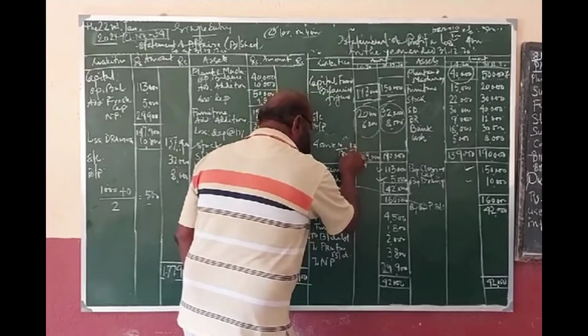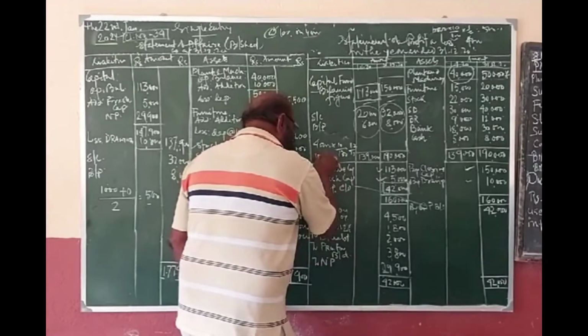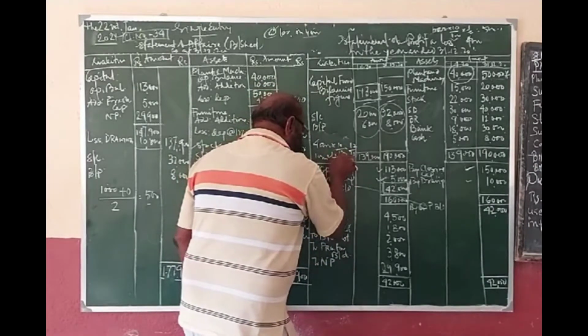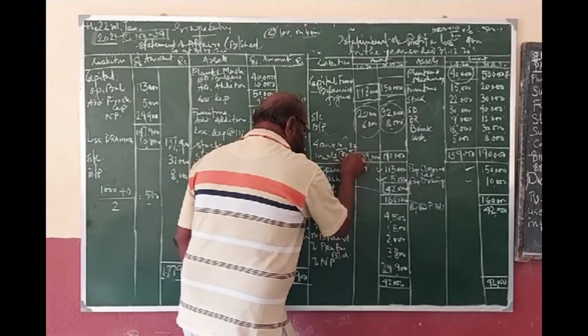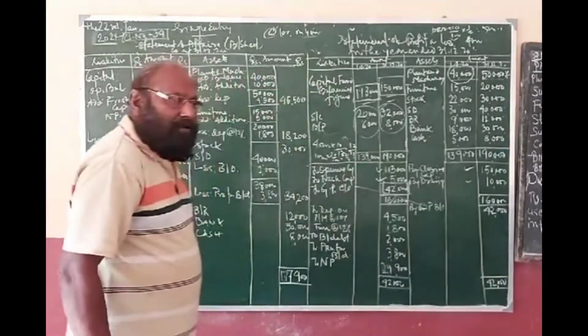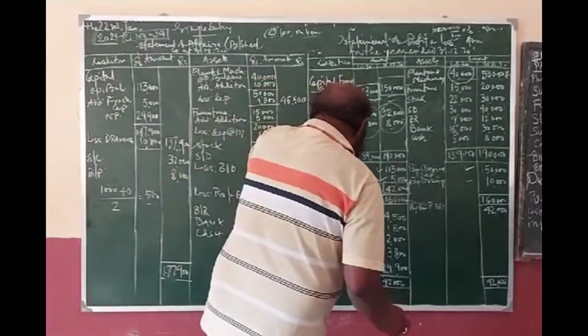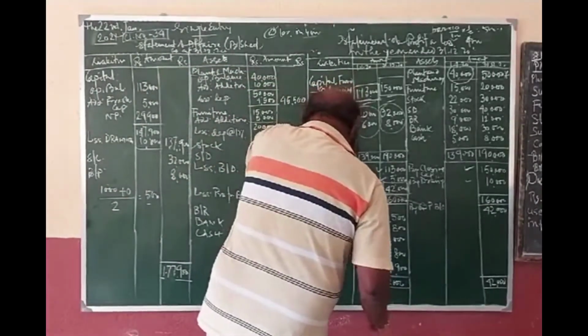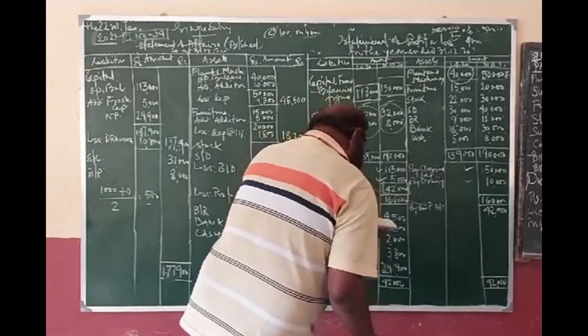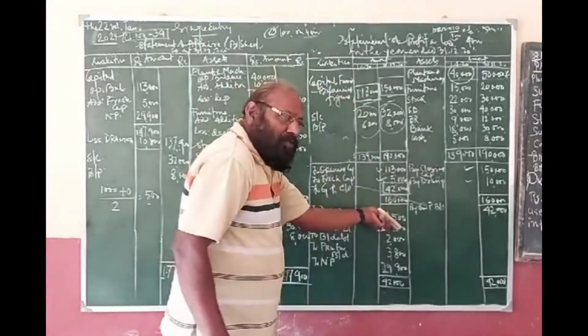Clear? So in that way you will get 4,500. That figure I have calculated, and I have written it. Depreciation on plant and machinery, how much? 4,500. Clear?